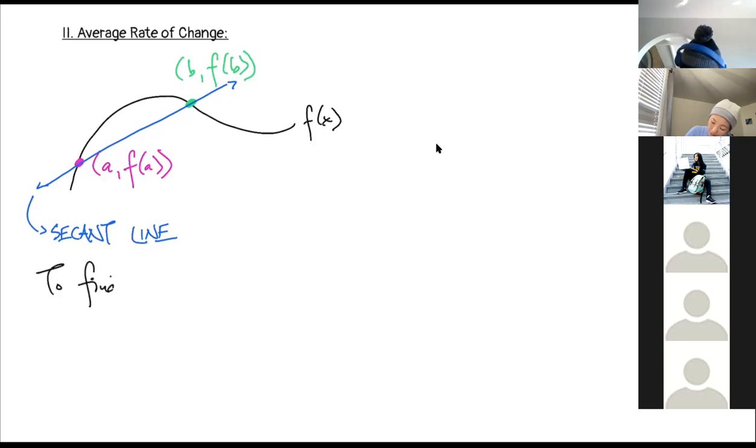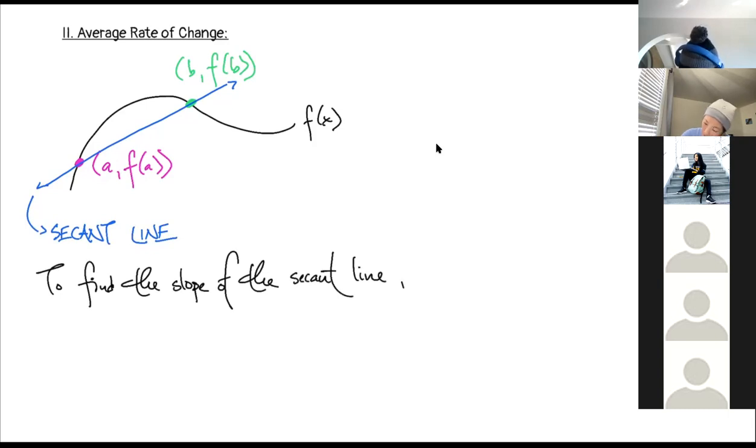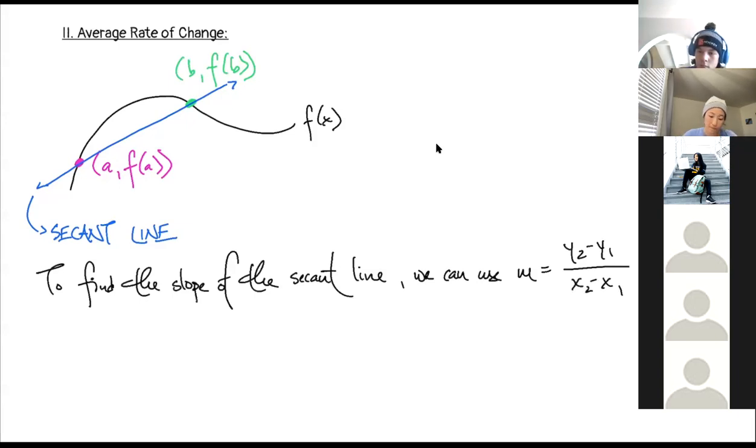To find the slope of the secant line, we can use m equals y2 minus y1 over x2 minus x1. That's something we used in a lot of the examples before, but we used rise over run to show us the slope, right? The slope between 2 points.